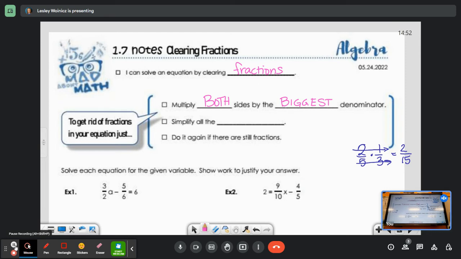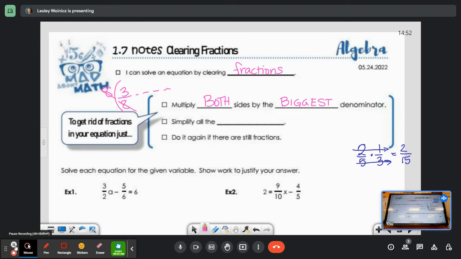Okay, why would we want to multiply by the biggest? Well, let's say that 8 was our biggest denominator. Say I have a 3 over an 8. Now, if I multiply this and some other stuff by an 8, do you see that the 8s are going to cancel?